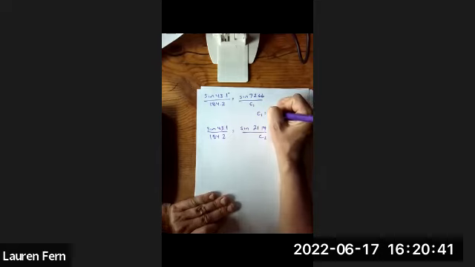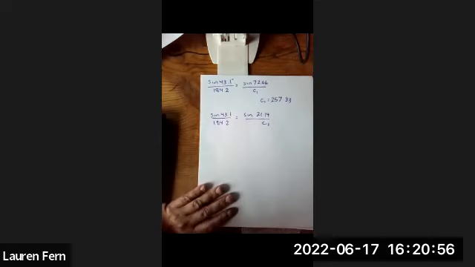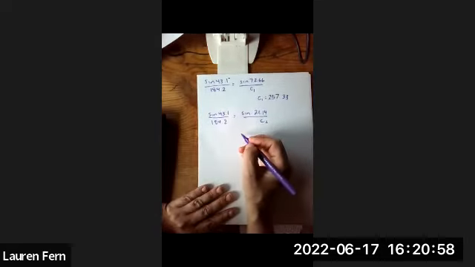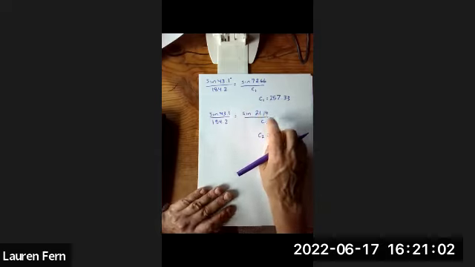And I'm going to get, in this case, my little side C is 257.33. Notice it makes sense that this is longer, this is a bigger angle. And finally, if I want to find my value of C2, notice this is a tiny angle, so this side is going to be really short.